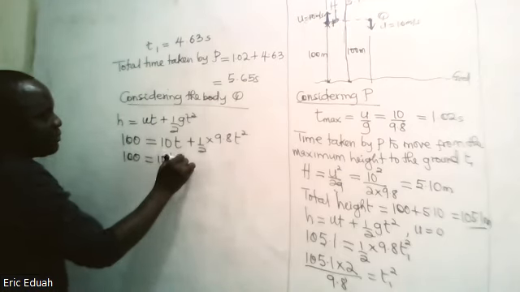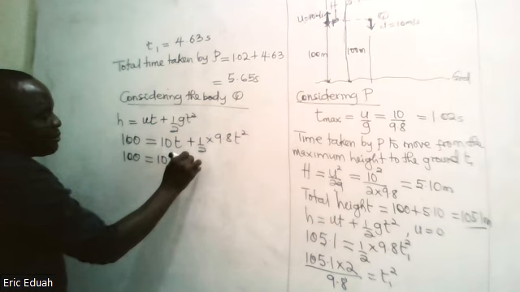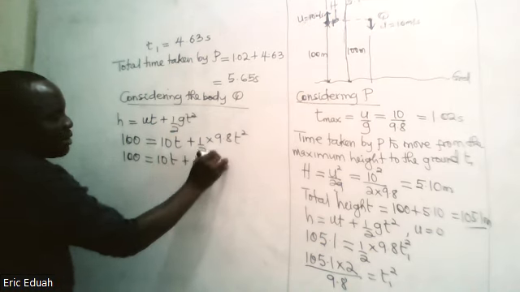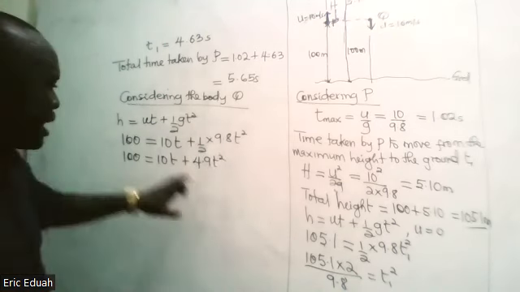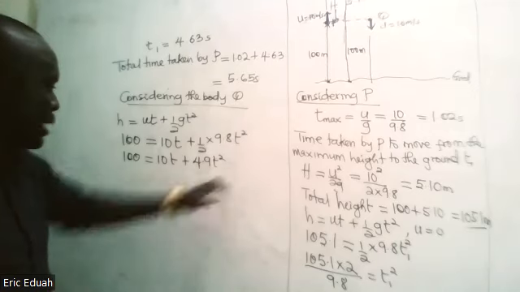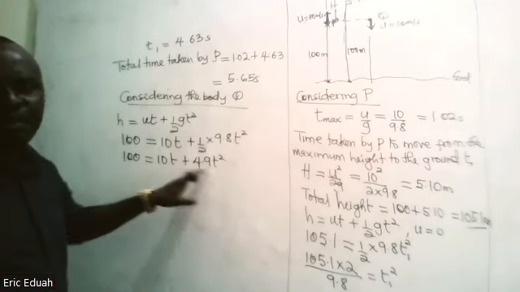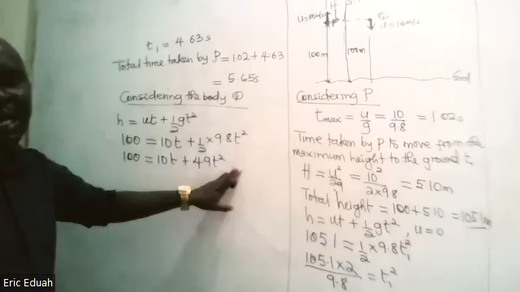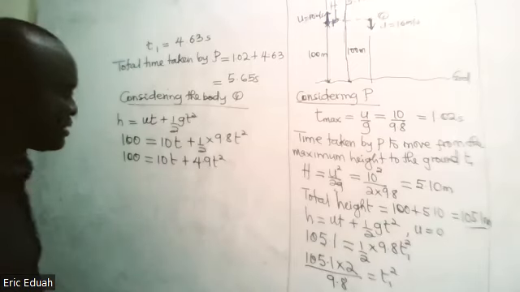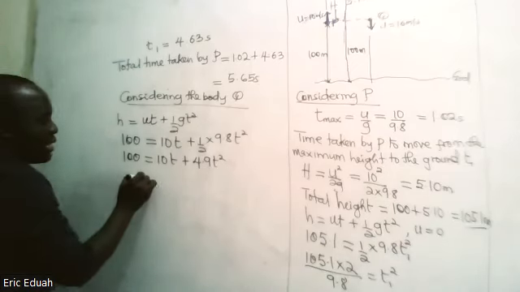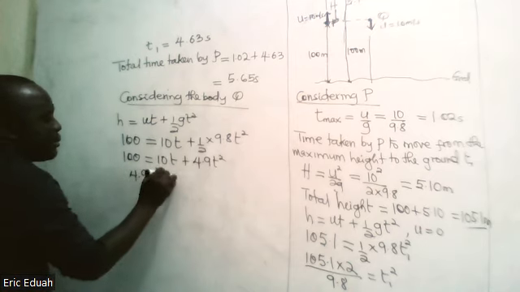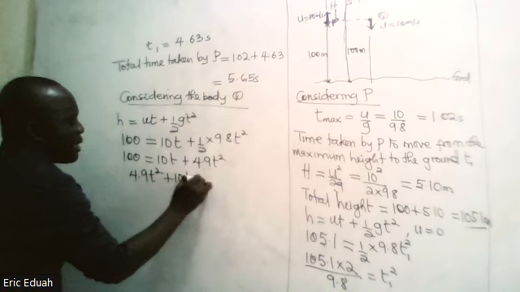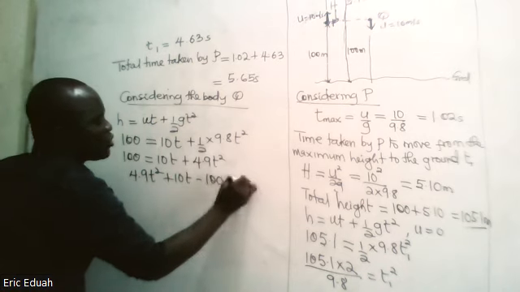What did we get? Okay, 4.9. So we have 4.9 T squared. Now let's equate everything to 0 so we can have a quadratic expression. So we have 4.9 T squared plus 10T minus 100 equal to 0.